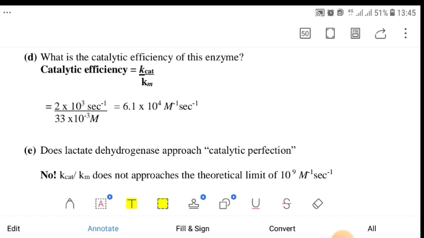Now look at the indices that play out here. We have our kcat as 2 times 10 raised to power minus 3, and we have our Km as 33 times 10 raised to power minus 3. Now look, when the minus goes up, it becomes 10 raised to power 3 minus minus 3, if you are going to do it step by step. So we nullify that minus, which will be 3 plus 3, that's 6.